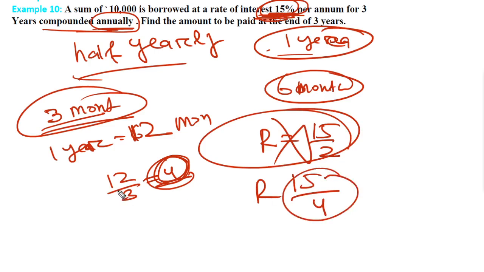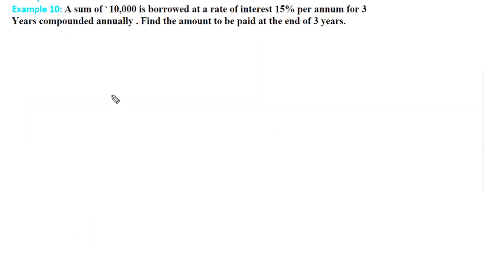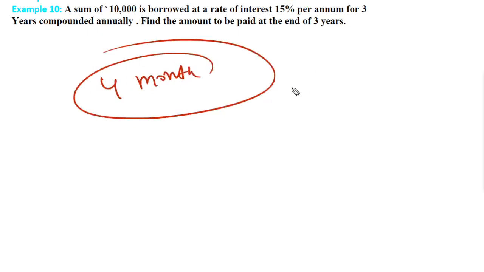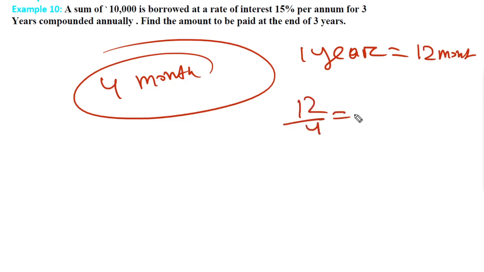Similarly, suppose the interest is compounded every 4 months. Now 1 year is equal to 12 months. 12 divided by 4 equals 3.